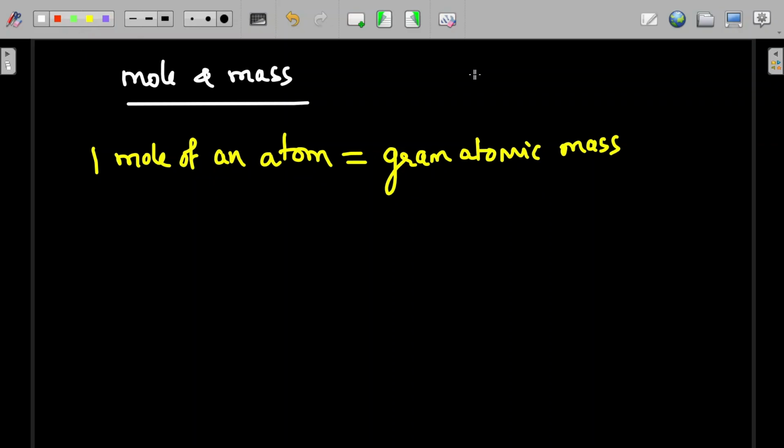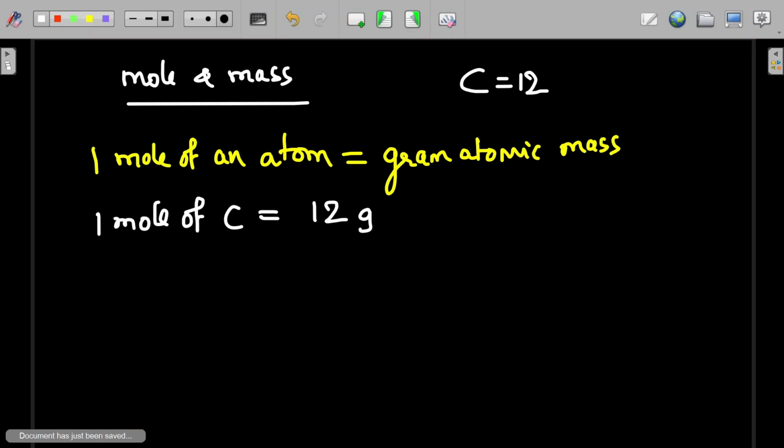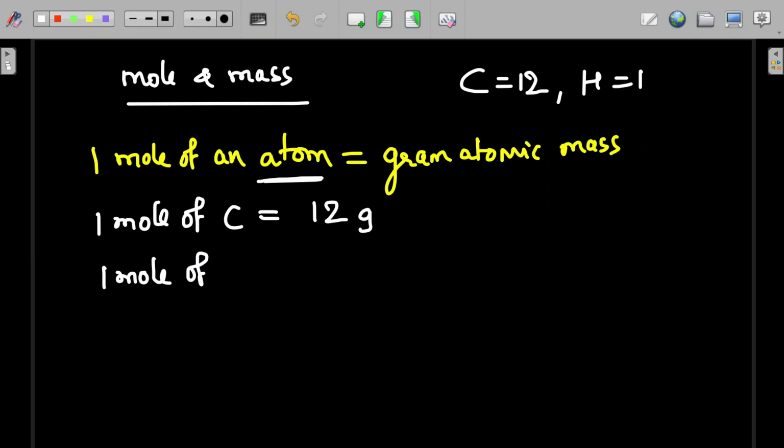Say they give you carbon's atomic mass is 12. Now they ask you what is the mass of 1 mole of carbon. So 12 is there, so keep it in grams. That's it. 1 mole of carbon is 12 grams. Hydrogen atomic mass is 1. So what is 1 mole of hydrogen? I'm talking only about the atom, don't take the gas.